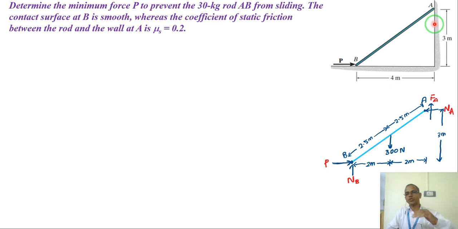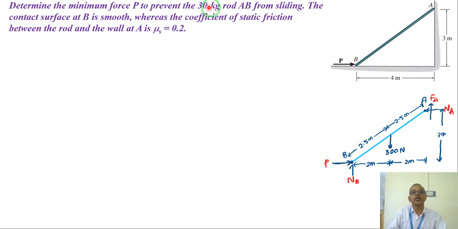So the opposite of that motion of the point or body is the friction force direction. So A will come down, the friction force is upward. Now we understand at point A there are two forces, one is NA to the left, FA vertical upward, and NB upward, and P is to the right side.